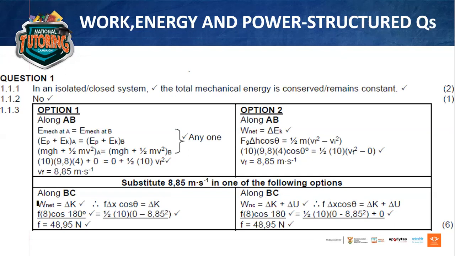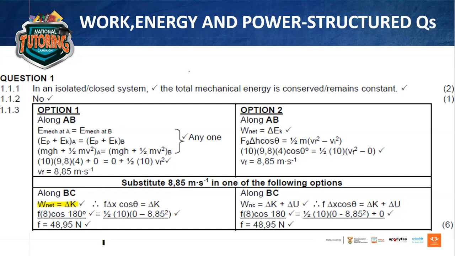Now, you would have said, according to the work energy theorem, W net is equal to delta K. And I just want to start it there. And we will see what we would have that is actually missing.